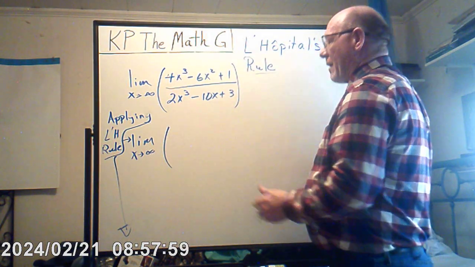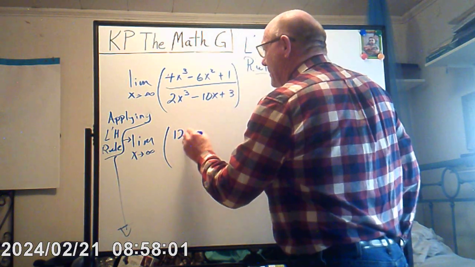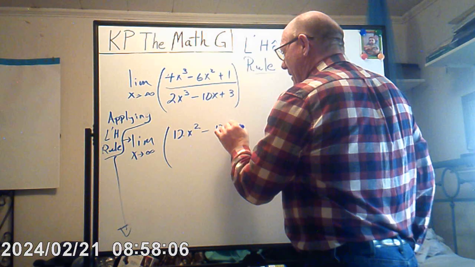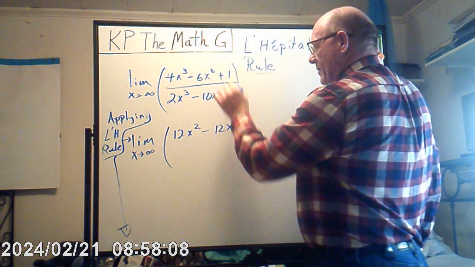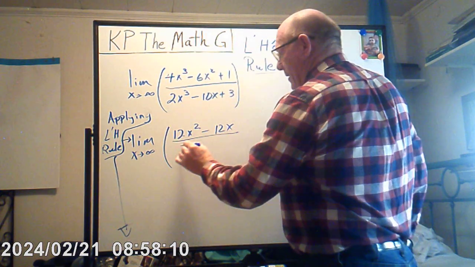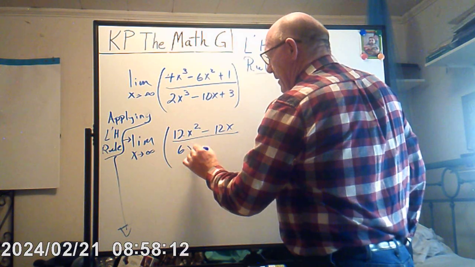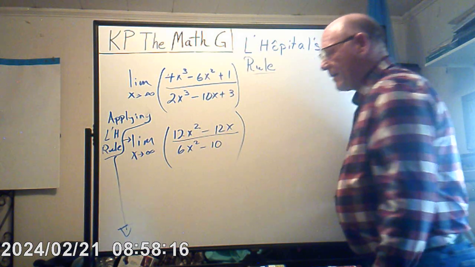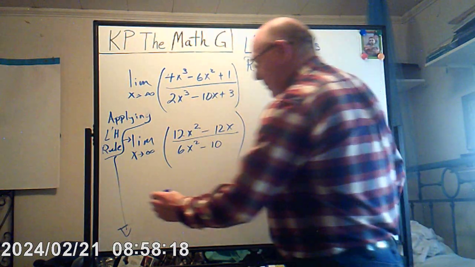Alright, so anyway, this is now 12x squared minus 12x, and this is 0 on the end. And then this is what, 6x squared minus 10. Alright. And again, applying L'Hopital's rule here.